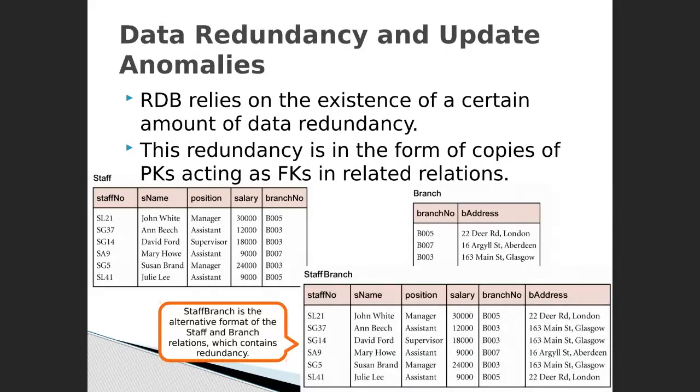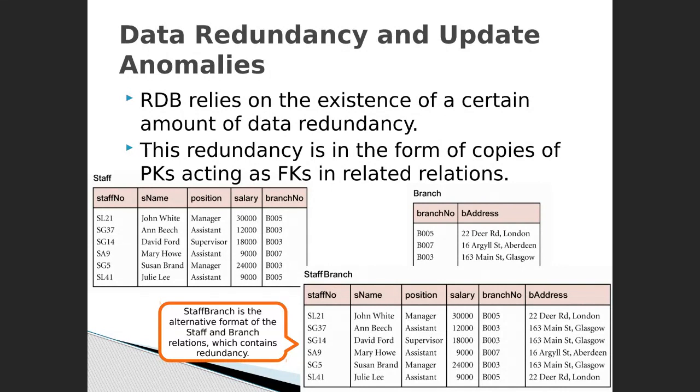Okay, this is just an introduction for this chapter. I want you to understand this process before we go through more details. All right, now a relational database relies on the existence of a certain amount of data redundancy.